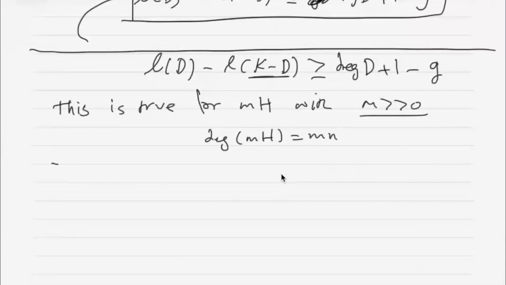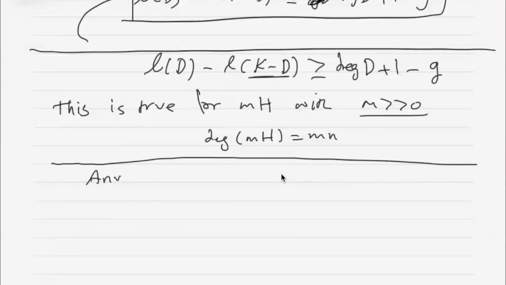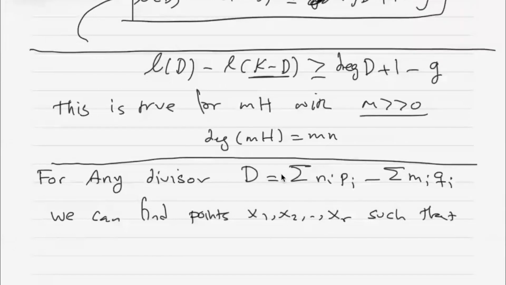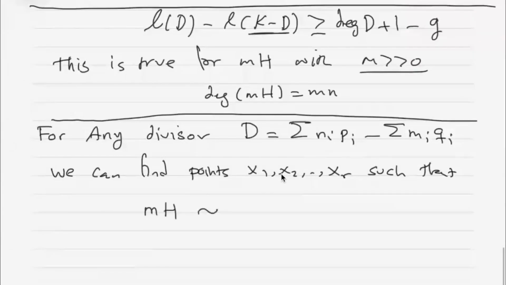Another fact is this. For any divisor D, for example, the sum of Ni Pi minus the sum of Ni Qi, we can find points x1, x2 up to xr such that MH is equivalent to D plus x1 plus x2 plus up to xr. So let me write this as a little fact.